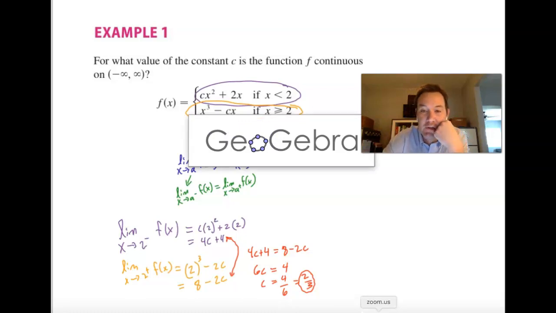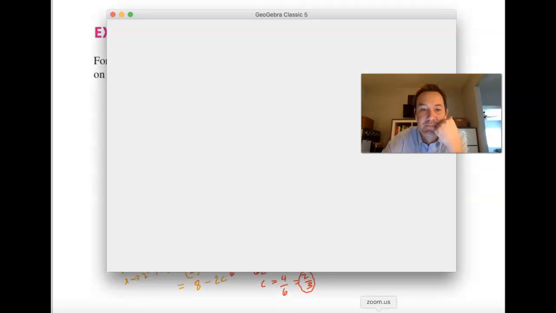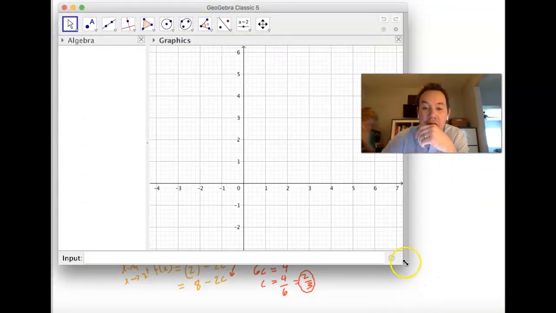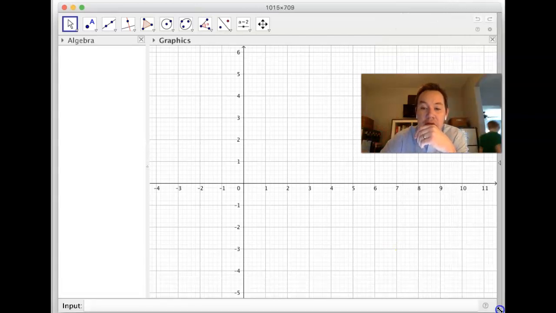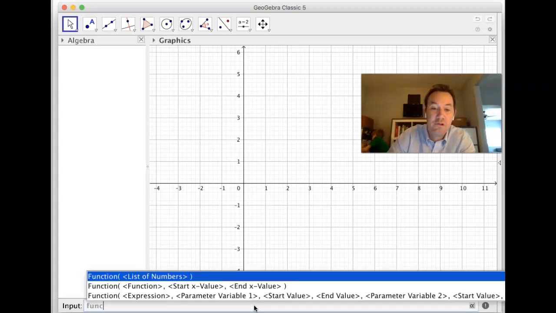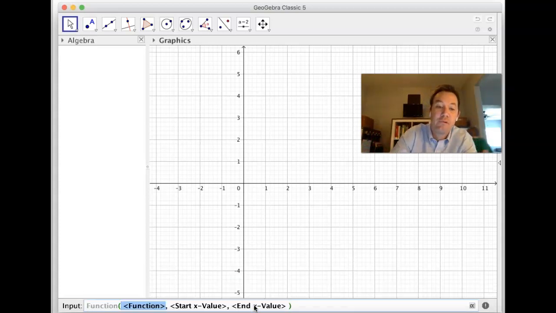Let's do a little visual check in GeoGebra, to see if I got the right value for c. I'll enter a function.